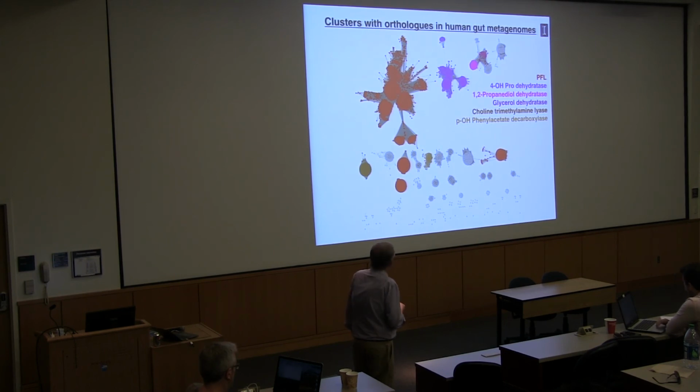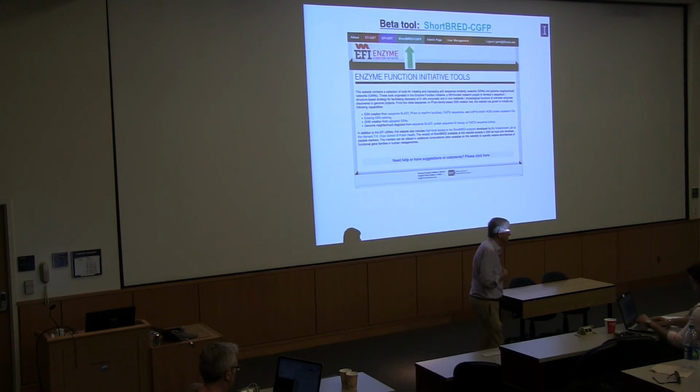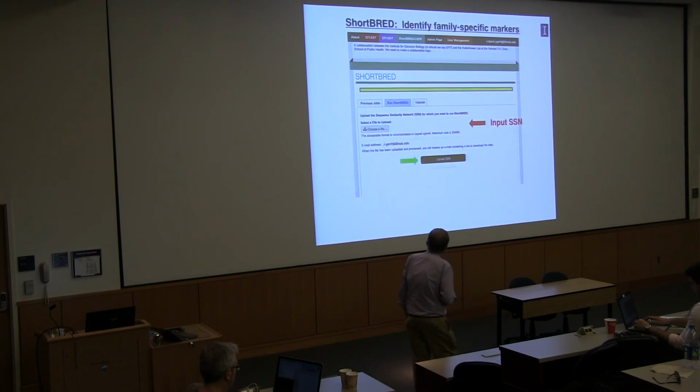And as I said, we have begun to do this. Actually, we have a beta tool that we have been using in Illinois. I probably shouldn't say that we have this because we haven't quite made it public yet. All right. But it's pretty simple. We put in a sequence similarity network for a protein family.